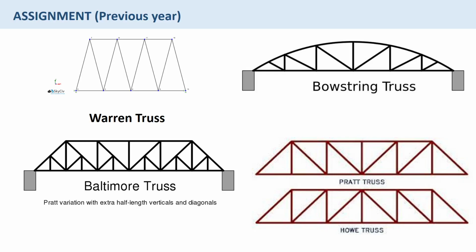And then coming to Pratt truss and Harvey truss, you see Harvey truss is opposite of Pratt truss. It's like they are mirror images in terms of bracing angles.